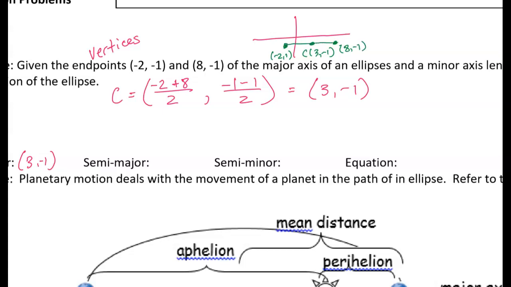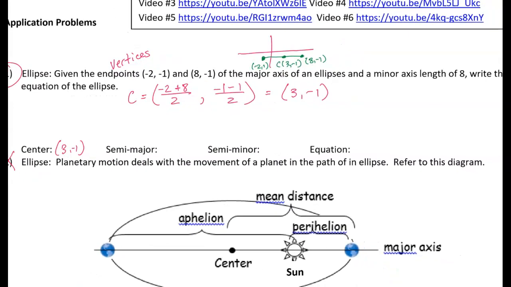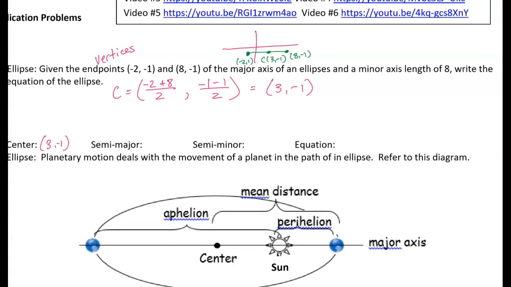What else do we know about this thing? The minor axis length is 8. What does that give us? Do we just put 8 into our equation? Right. What goes in our equation is the semi-minor axis, which is always your minor axis length divided by 2.